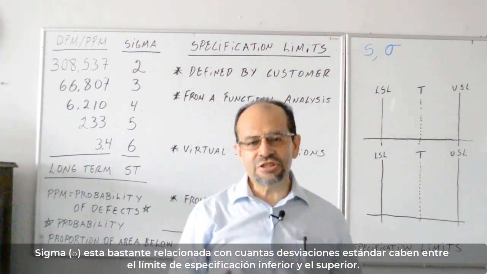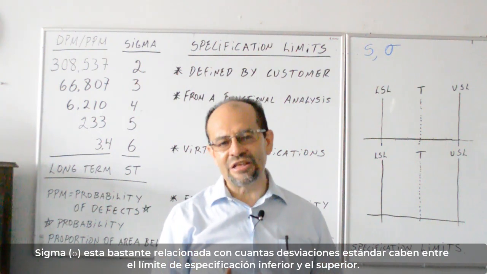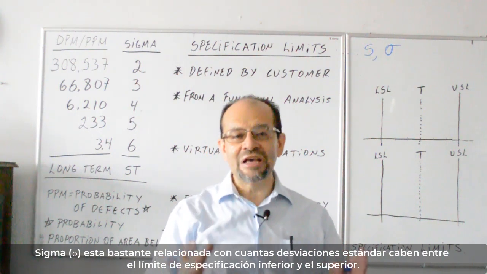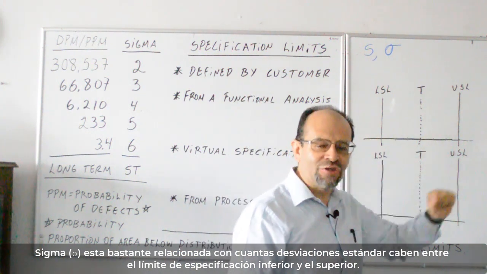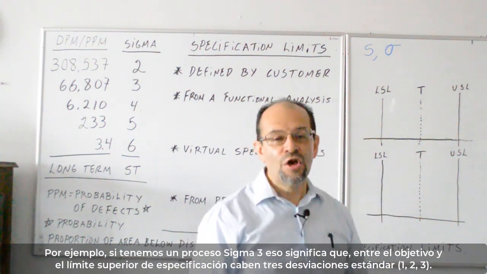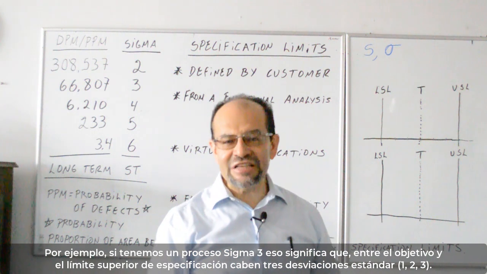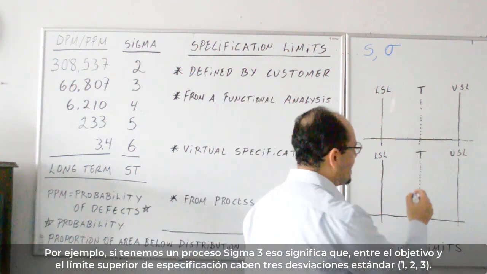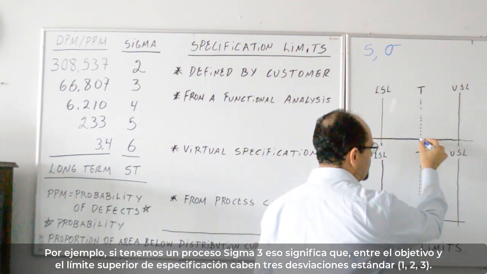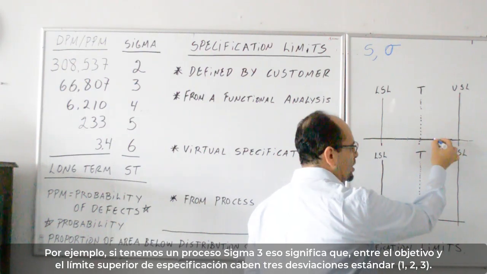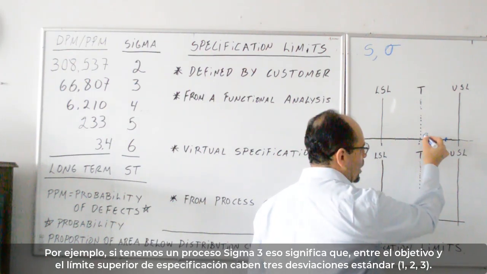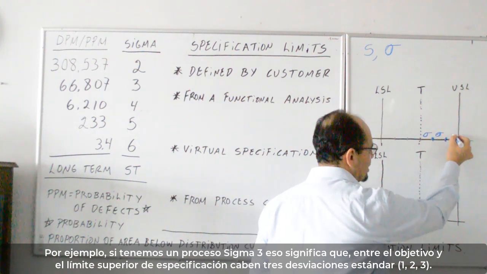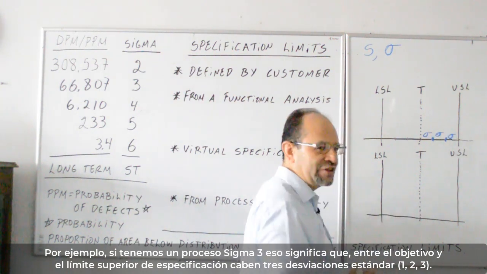The sigma is closely related to how many standard deviations fit between the lower specification limit and the upper specification limit. For instance, if we are having a 3 sigma process, that means that inside the specification limit between the target and the upper specification limit, 3 standard deviations can fit. One standard deviation, another standard deviation, and another standard deviation fit there.